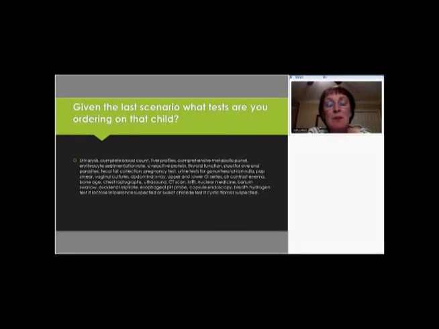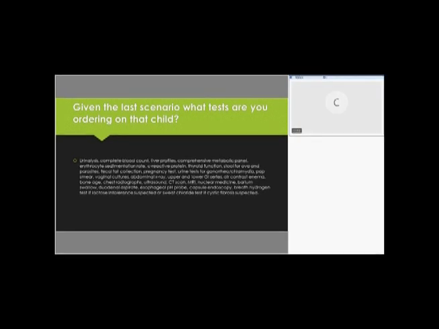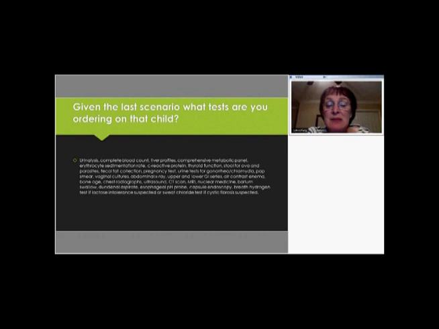Anything else? CT scan? You could do that. If he is as bad a shape as he sounds like from the scenario, probably if you're pretty sure after you do your exam that he's a potential appendectomy patient, you might want to ship him over to the ED.